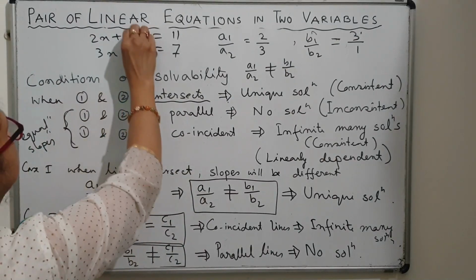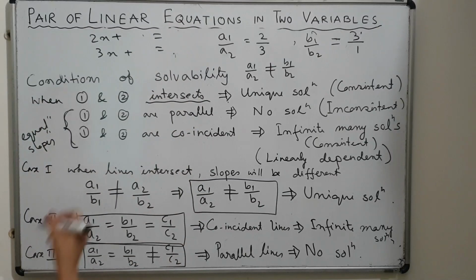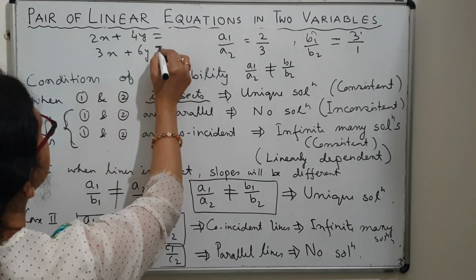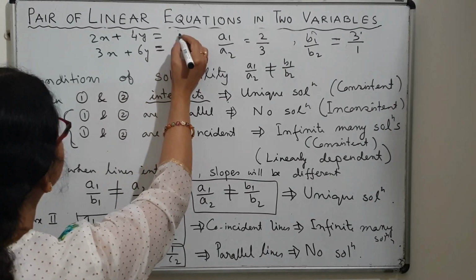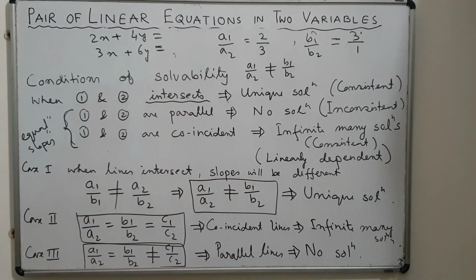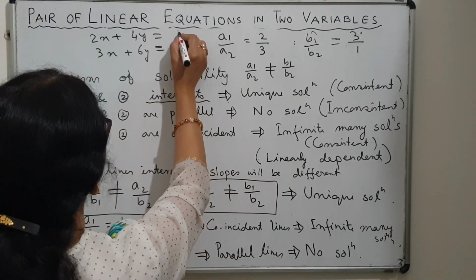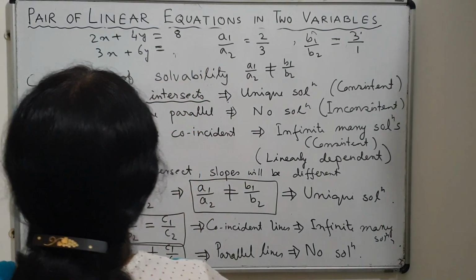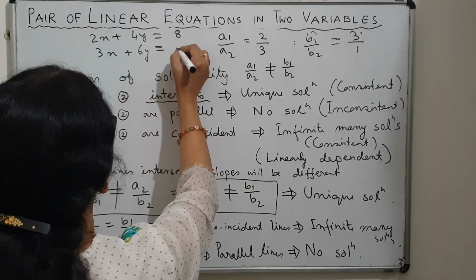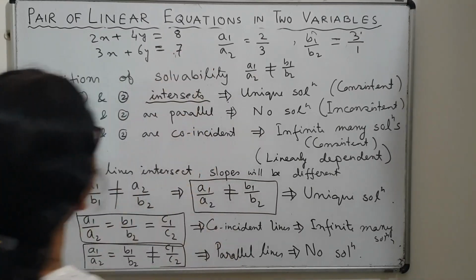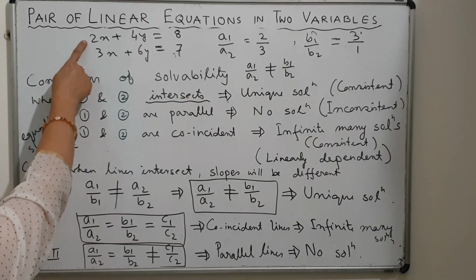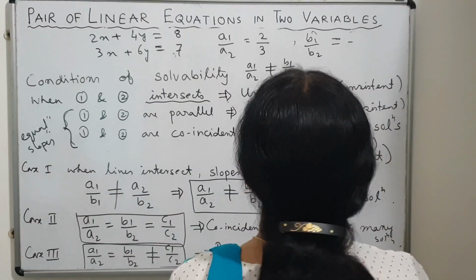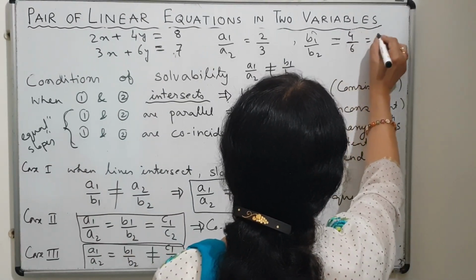Now let me take another. In this case, a1 by a2 is 2 by 3, and what is b1 by b2? 4 by 6, which is also 2 by 3.